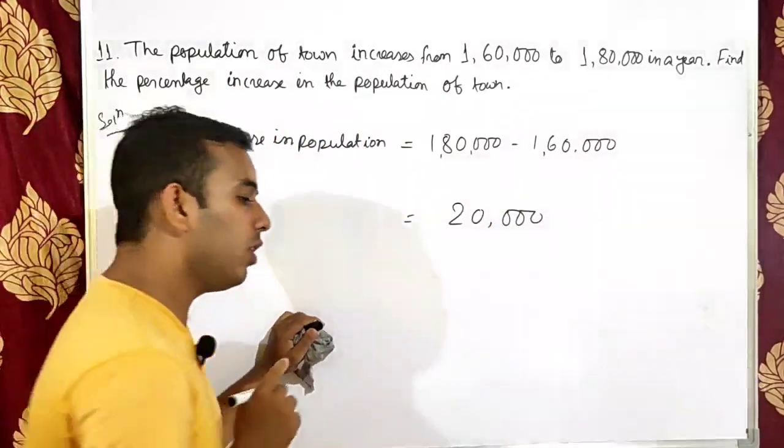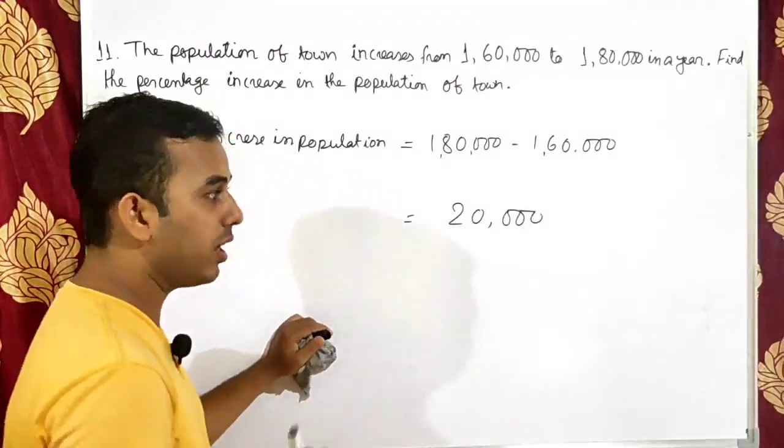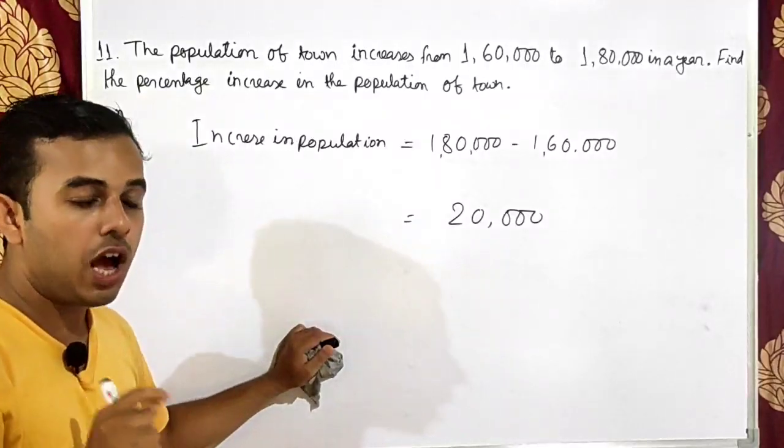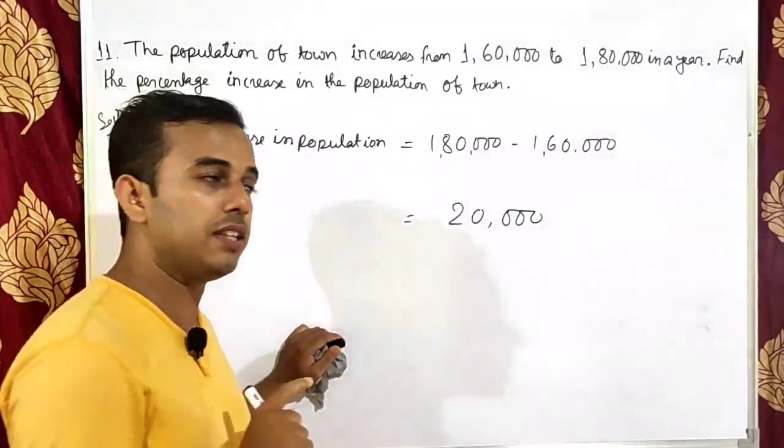Now we have to find the percentage increase. These are numbers, and we have to find how much percent the population increased in that year.